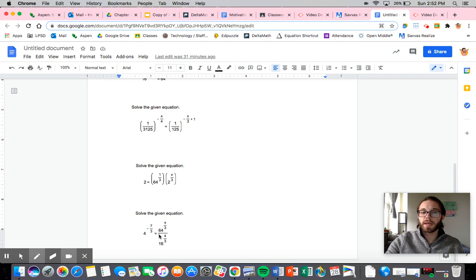We've already said that this is 4 to the 3rd. We already know that this is 4 squared. So we know that 4 to the negative 7 thirds is equal to 4 to the 3rd x to the 3rd over 4 squared 4 to the 3rd.